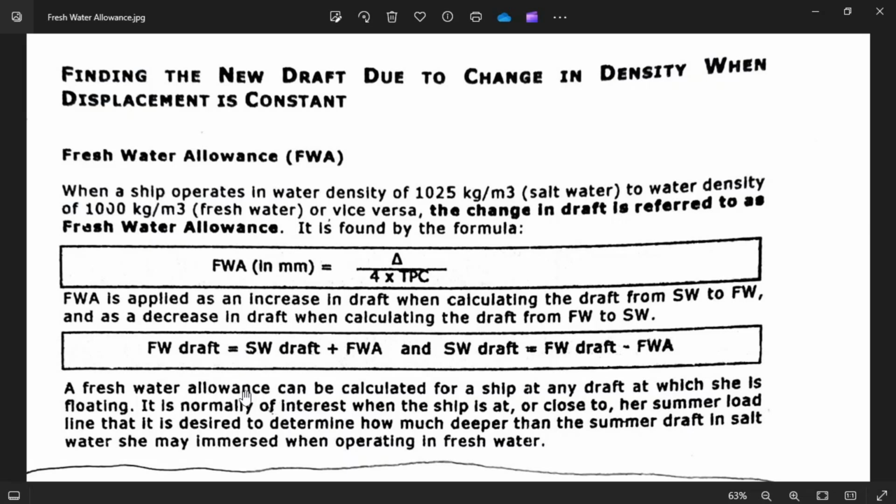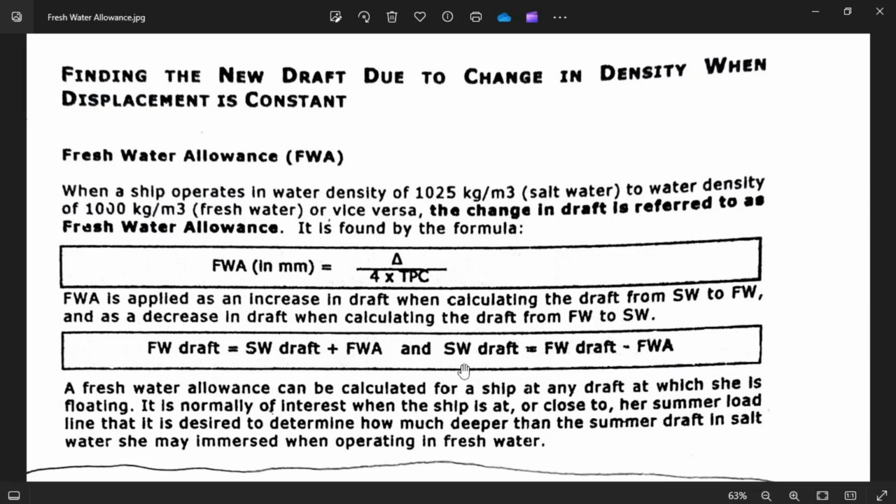It will go down, so there will be an increase in draft. So to get that freshwater draft, you add the freshwater allowance to your saltwater draft. Remember, when you're in fresh water, the vessel's tendency is to sink, meaning there will be an increase in draft.